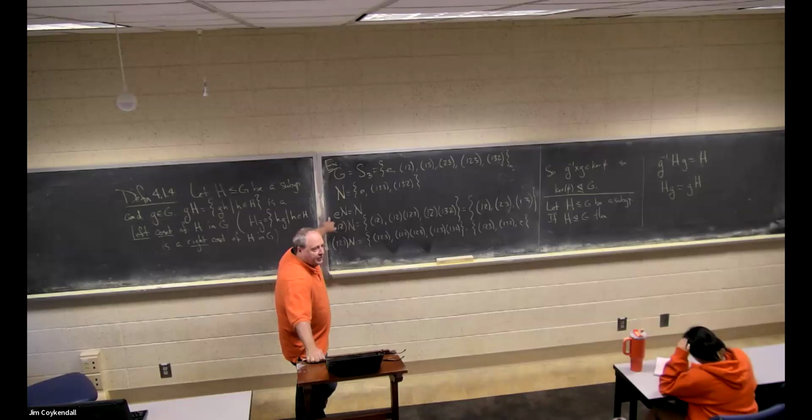The collection of left, respectively, right, cosets of H in G form a partition of G.